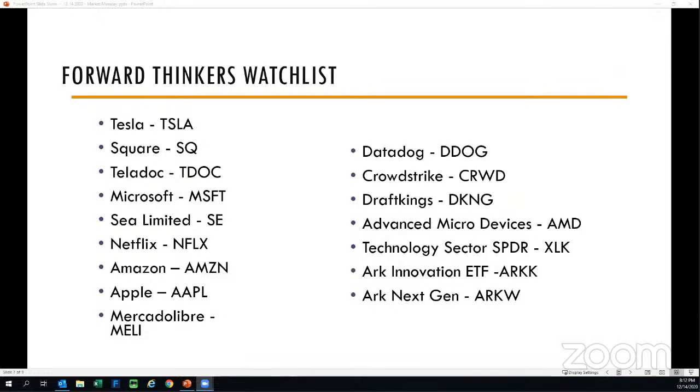What's the holdings in the next gen? Let's look it up. Square is one of the big ones. I like that a lot.